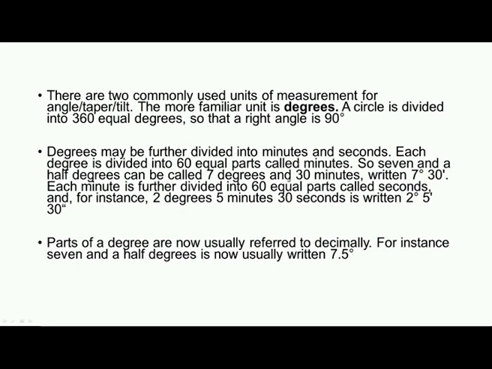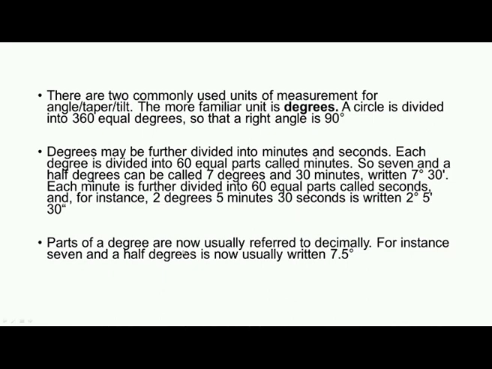So, 7.5 degrees can be called 7 degrees 30 minutes, written as 7 degree 30 minute. Each minute is further divided into 60 equal parts. Each small part is called 1 second. So, for instance, 2 degrees 5 minutes and 30 seconds is written as shown here.